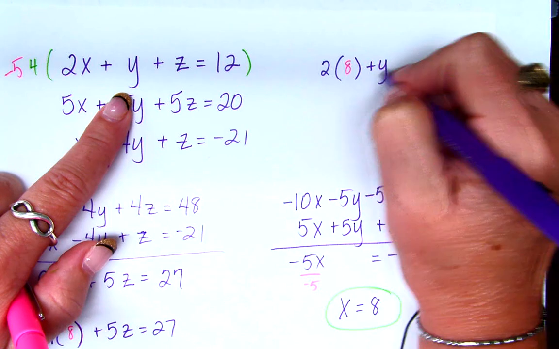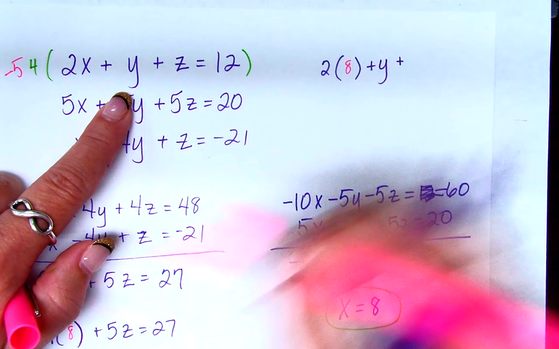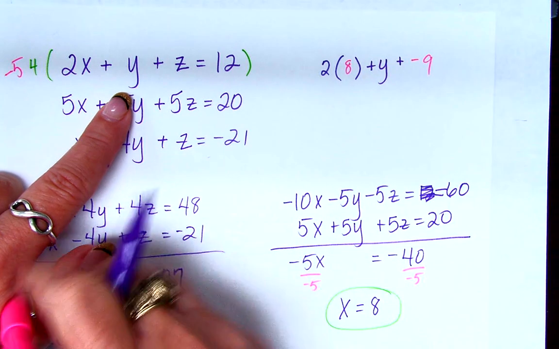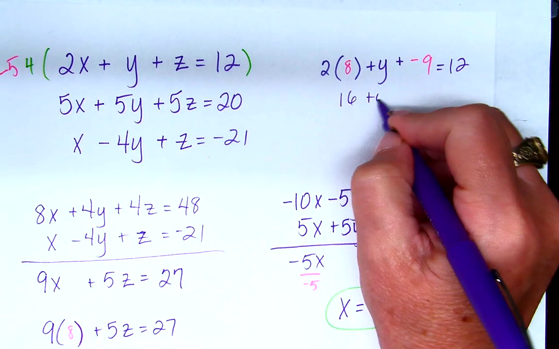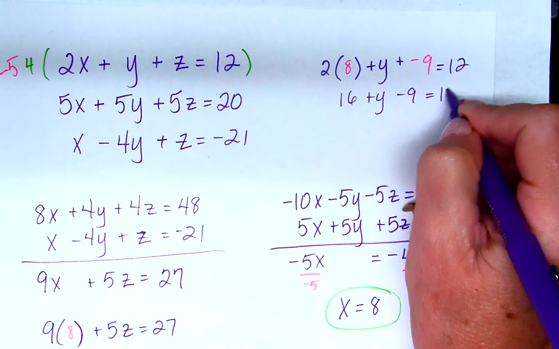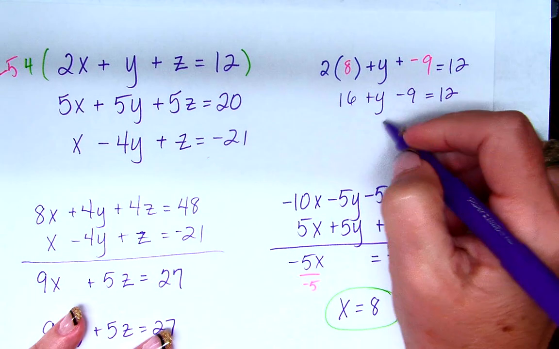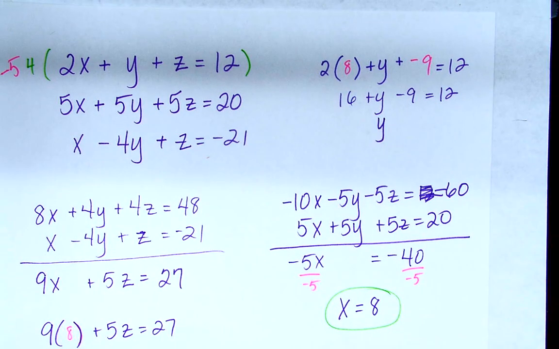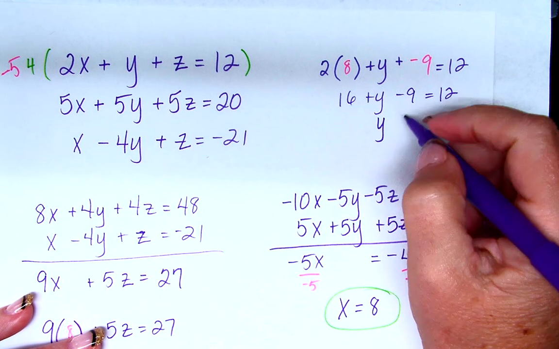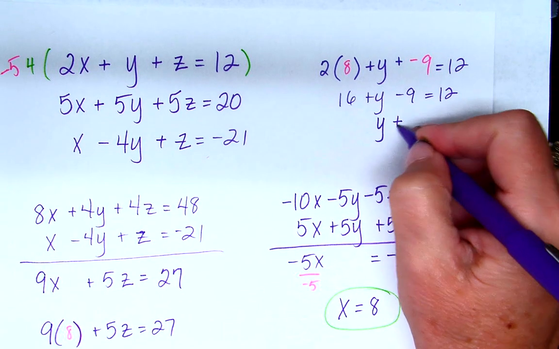X is 8 plus y plus z, which is -9, equals 12. So 8 plus y minus 9 equals 12. So y, what do you got? 7.